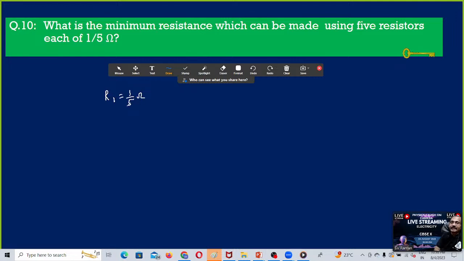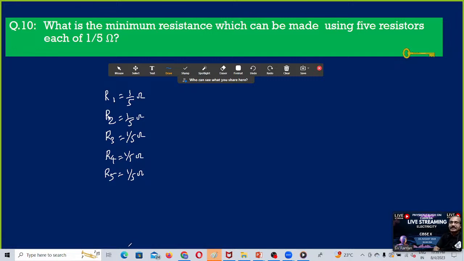How many resistors are there? 5 resistors. R2 value also 1/5 ohm, R3 1/5 ohm, R4 1/5 ohm, R5, 5 resistors each of resistance 1/5. What is asked in the question? What is the minimum resistance?